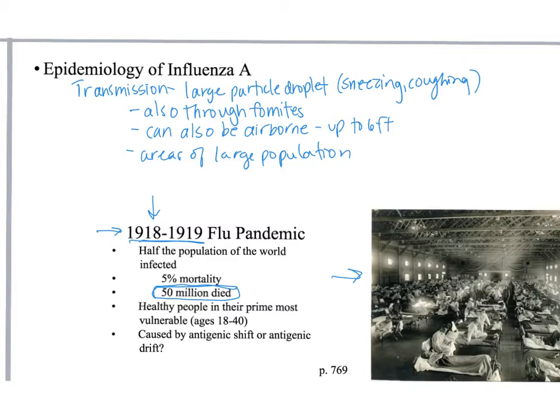Another interesting hallmark of this pandemic was that it was healthy people that were dying, people in their prime. Young adults were, for some reason, more likely to die. It had something to do probably with their robust immune response. So too much inflammation made them more vulnerable.